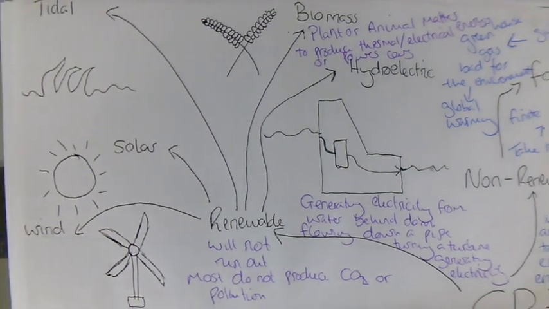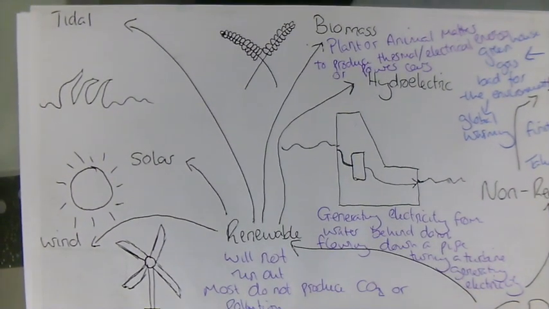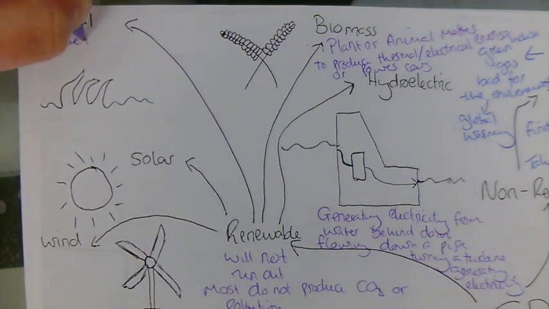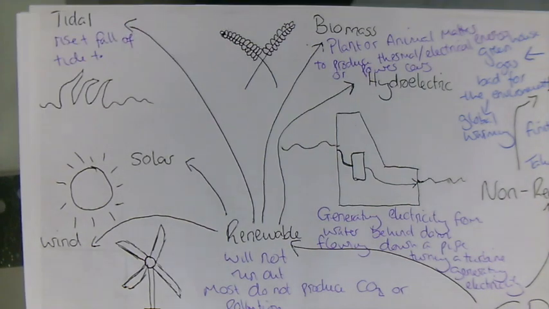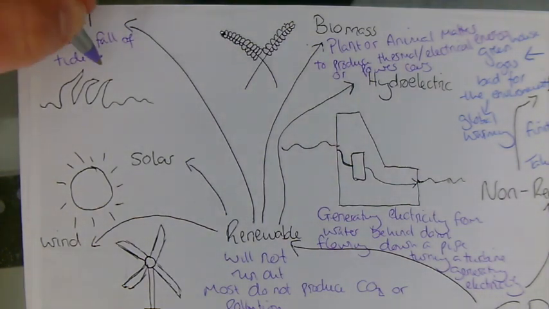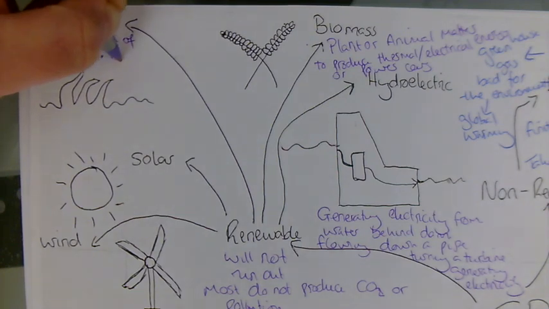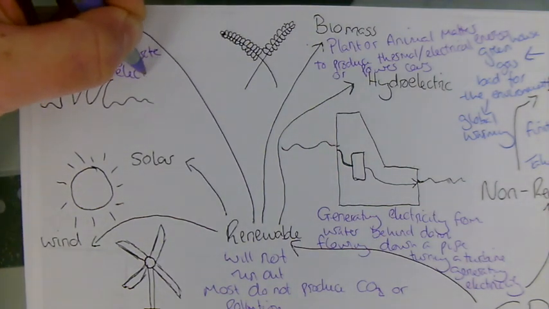Then we have tidal energy. Tidal energy uses the rise and the fall of the tides, or our tidal currents, to generate electricity.